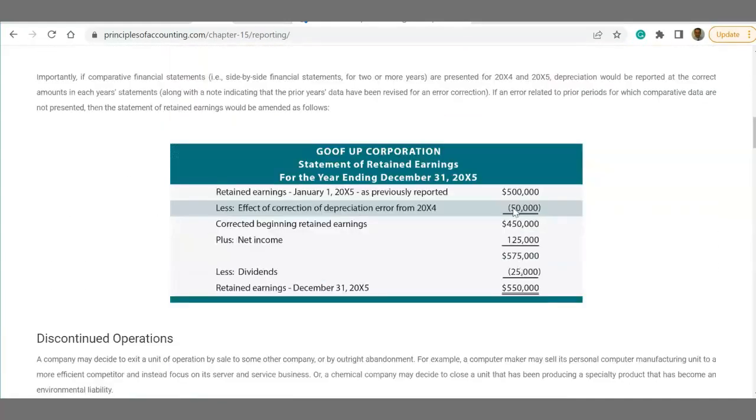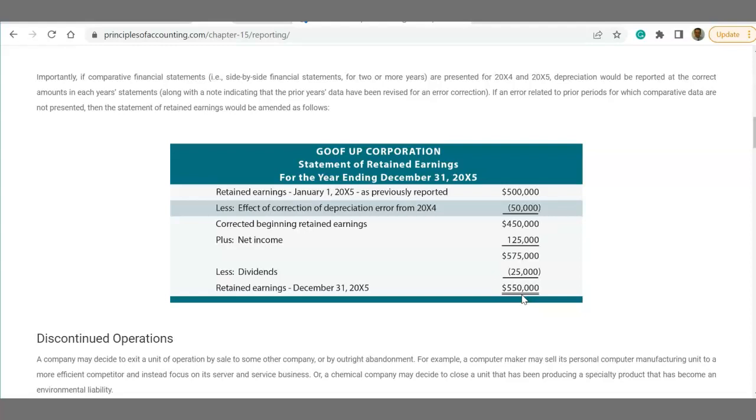They show this as a separate line so people can see it, and then the corrected beginning retained earnings ends up to be $450,000 at the beginning. Previously it was $500,000, but now we corrected it. And then you do the rest as normal: plus net income minus dividends, and that's the ending retained earnings on December 31st, 2015.